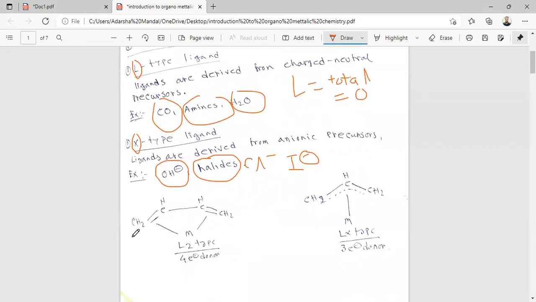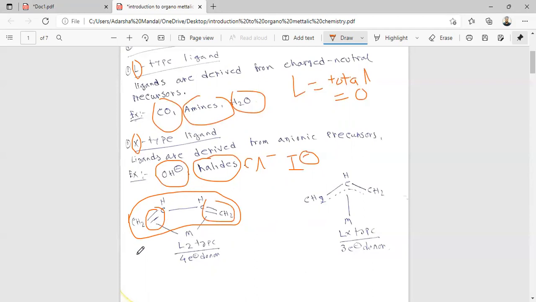Now this is a 1,3-butadiene molecule. The 1,3-butadiene molecule has two pi bonds, carbon-carbon double bonds. So it will donate this C=C pi electron density to the metal center.